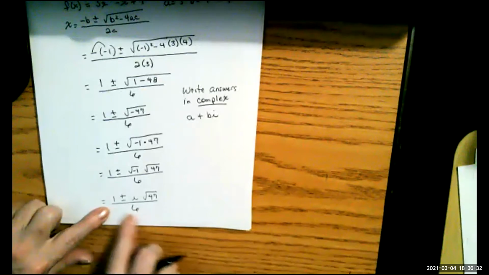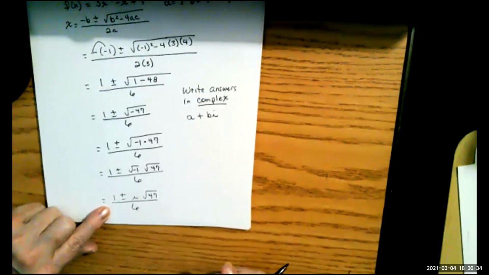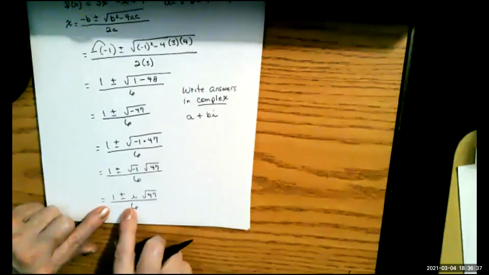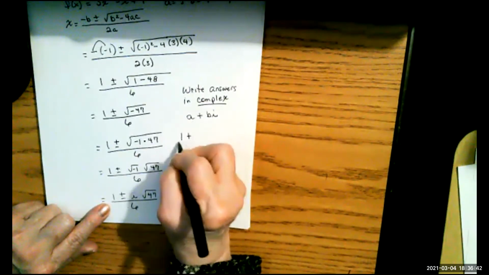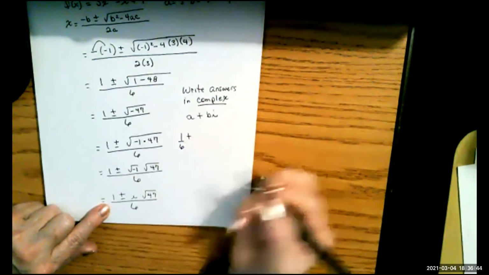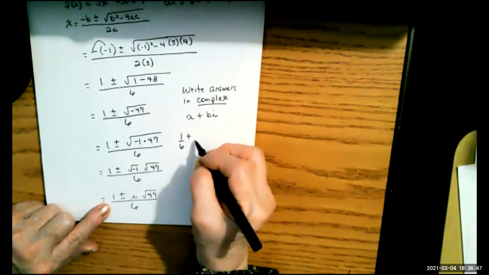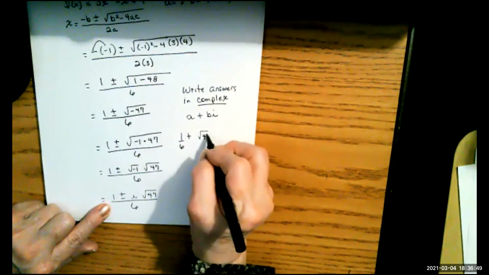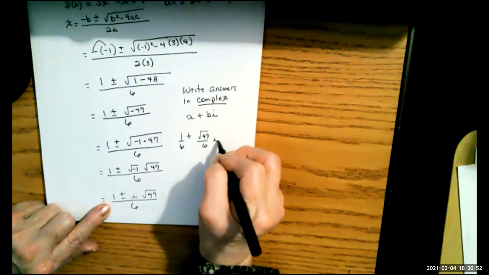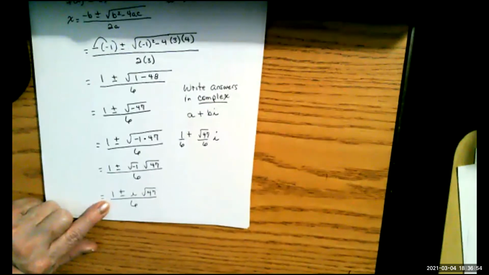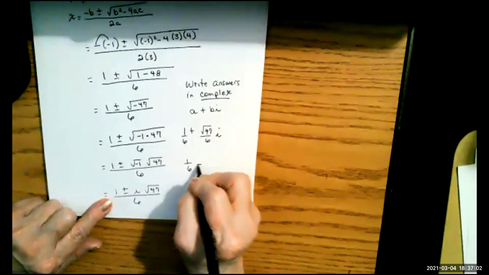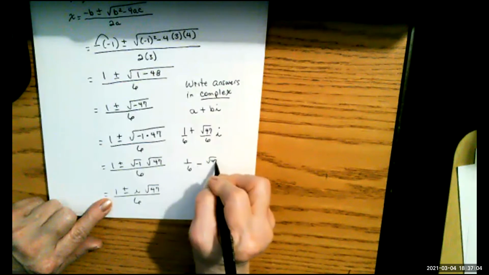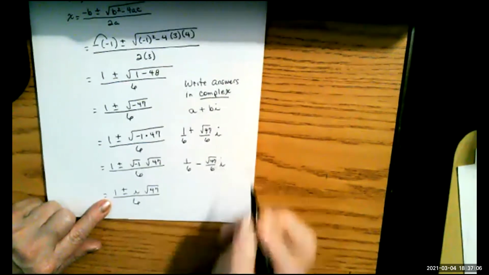So we have to split this fraction up. And I'm going to do it at the same time I write my two solutions. I'm going to have 1 over 6, that's my real part, plus the square root of 47 over 6, and my i needs to go outside there. Now the second root is going to be 1/6 minus the square root of 47 over 6 i.